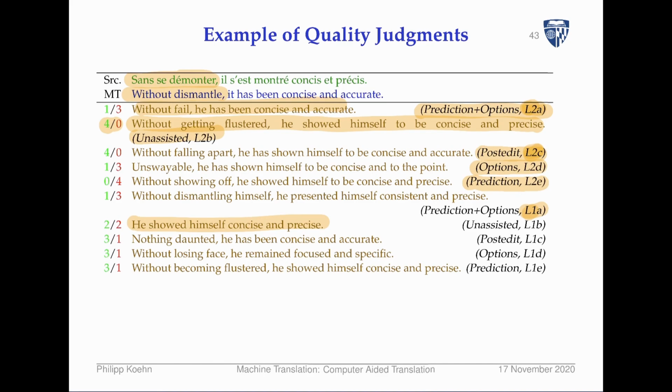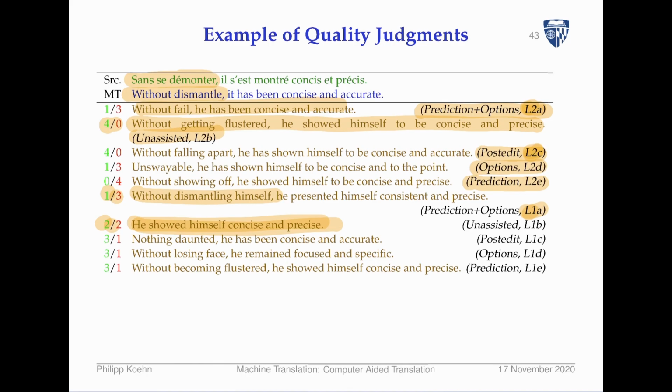Here's a translator trying to fix that, "without dismantling himself," which one judge thought was okay, but three judges thought was terrible. Here the whole thing was just dropped. Still, two judges thought it was okay, and two thought that was terrible. So you have very inconsistent judgments and generally a bit too negative judgments, but that's my subjective view on this.